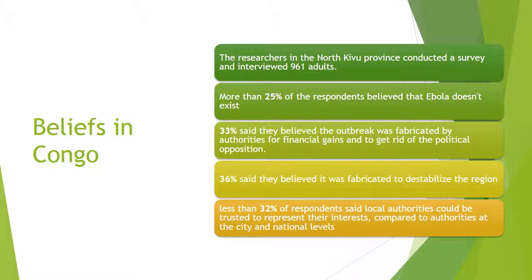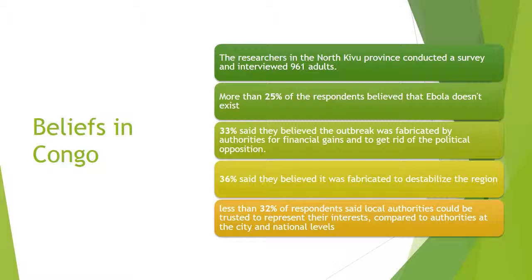Okay, so now we're going to look at some of the beliefs in Africa, in particular in the Congo. After the incident in the Congo in 2018, researchers in the North Kivu province conducted a survey where they interviewed 961 adults. The results were very disturbing.